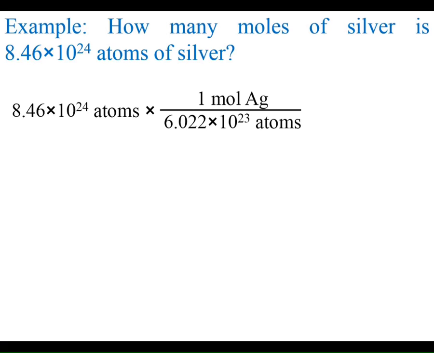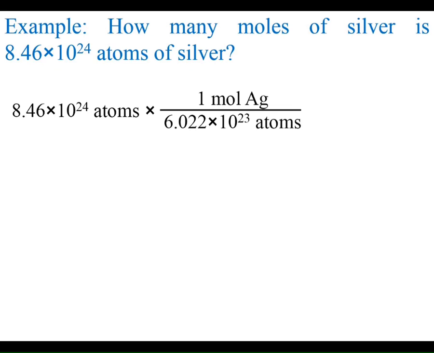If that was flipped, now atoms wouldn't cancel, right? So I got particles to start with, so I got to have the Avogadro's number on the bottom. Again, same as any other conversion. You've done lots of these with meters and kilograms and things. Now we're just using a new little conversion, Avogadro's number. Okay, so try that one on your calculator.